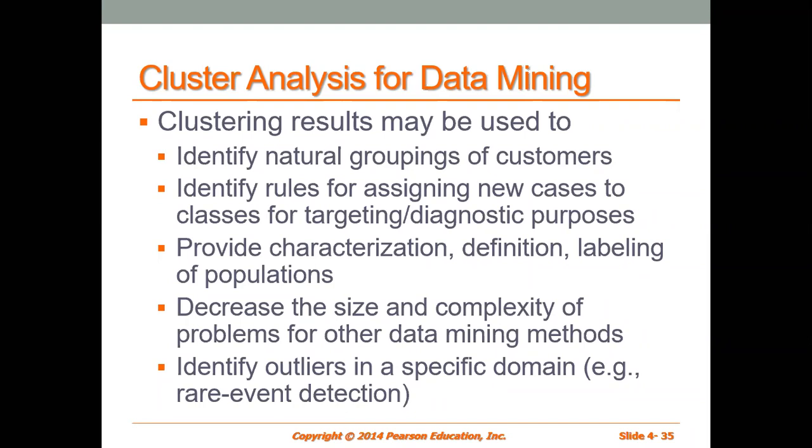It can also be used for outliers, for example in rare event detection or fraud detection in banks. If you have 3 clusters and one point is outside and doesn't fit into any cluster, then this is an outlier.